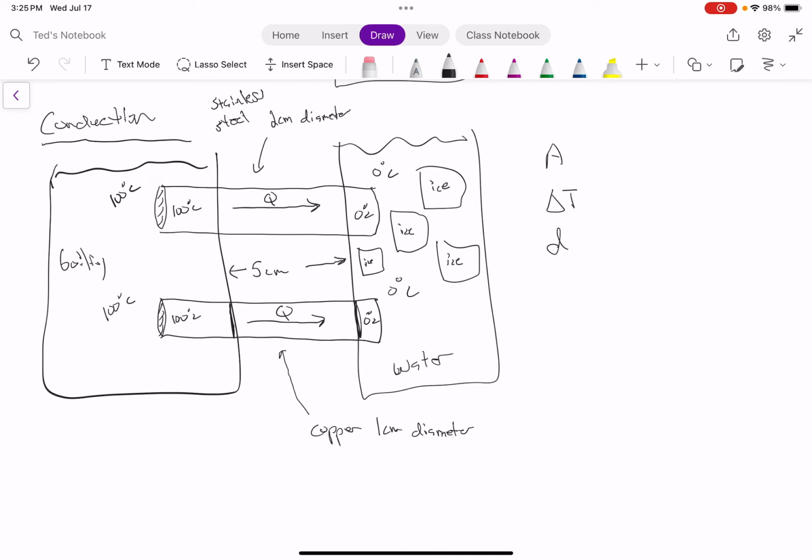And then finally, the material, what the rods are made of, is going to have an effect. If you have a wooden rod, heat would flow very slowly. If you have a gold rod, heat's going to flow more quickly. We know that metals are good conductors of heat, and things like styrofoam are bad conductors of heat. And all of that plays a role in the constant, the thermal conductivity of the material.